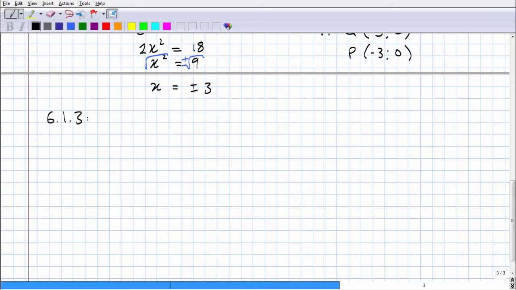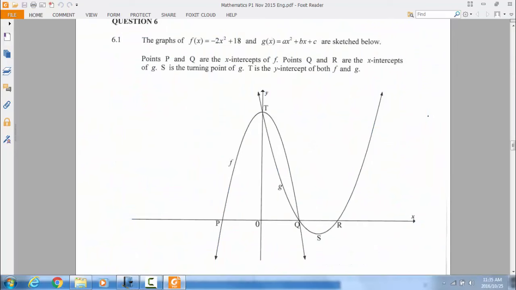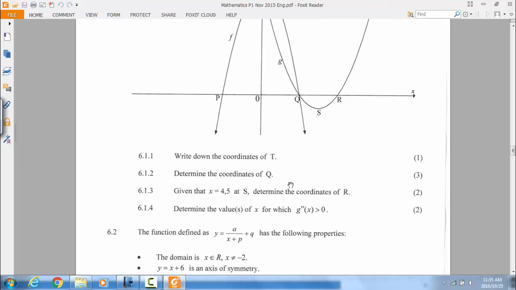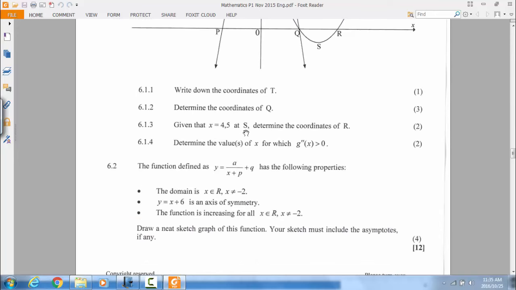6.1.3. It says, given that x equals 4.5 at S, determine the coordinates of R. Just to show you guys, it says given that x is 4.5 at S, determine the coordinates of R. So we've done 6.1.1, done 6.1.2, and 6.1.3 gives us that.